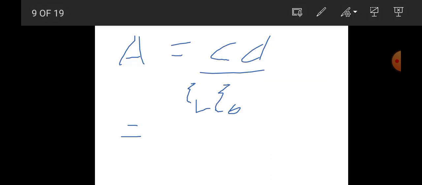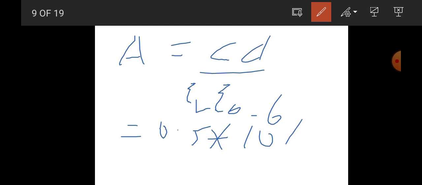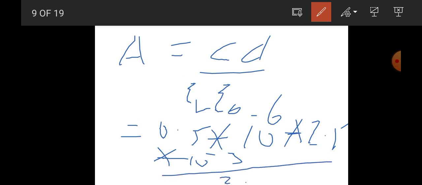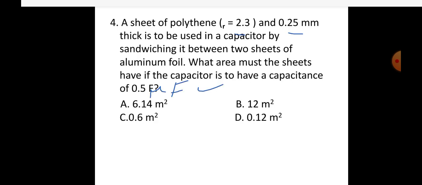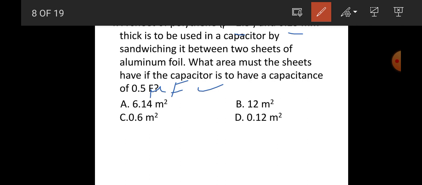So this is equal to capacitance, 0.5 times 10 to the power of -6 since it is given in microfarad, and the separation between the two plates, 0.25 millimeter, which is 2.5 times 10 to the power of -4 meters... over relative permittivity, which is given as 2.3, and the permittivity of free space, 8.85 times 10 to the power of -12.